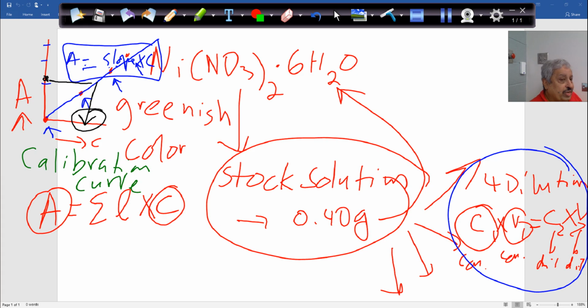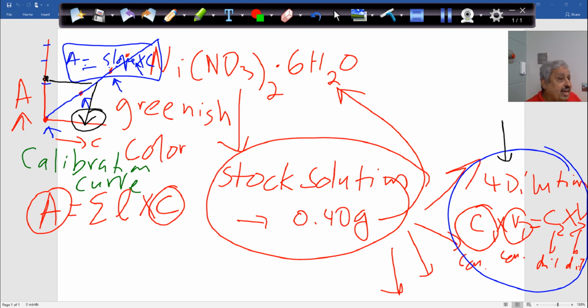That's the whole thing. We are looking for the concentration of an unknown solution of a colored solution called nickel 2 nitrate hexahydrate, with 6H2O. We have to use the Spec 20 to make the calibration curve with the 4 dilutions beside the 0, 0 coordinate, correct?